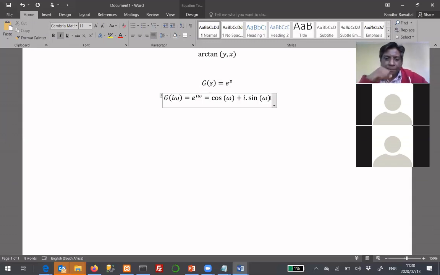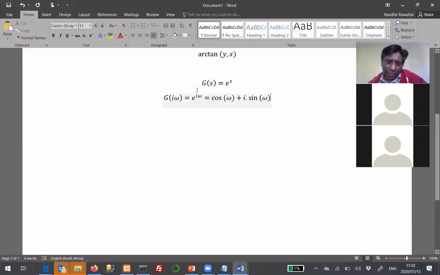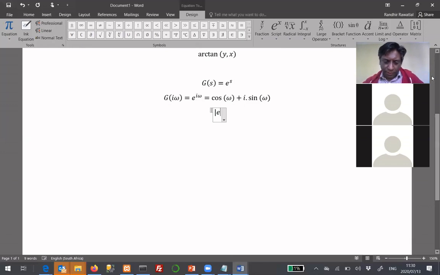Okay, now that's if you want to convert to Cartesian coordinates. If you want to write this in polar coordinates, it's quite easy. You can say that the magnitude of e to the I omega, that's simply a 1, right?